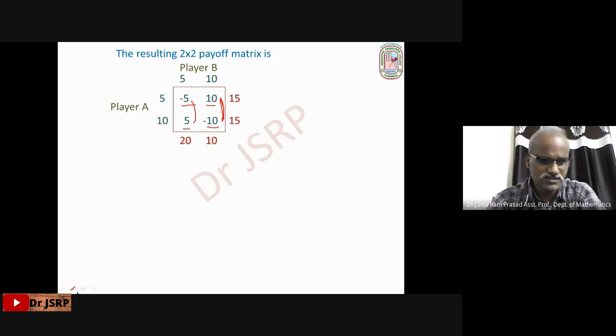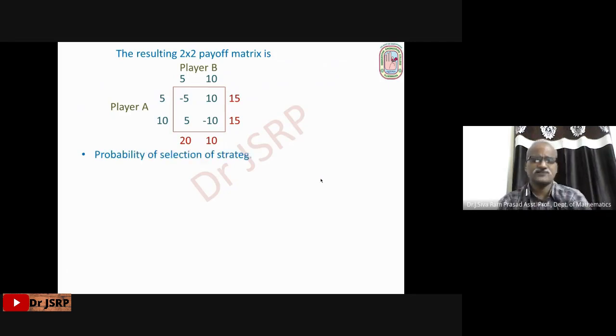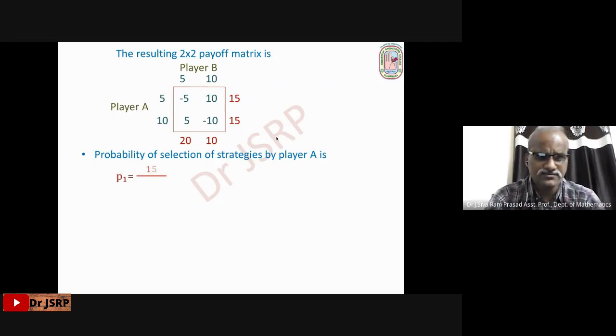After writing these differences, write probabilities. First, the probability of selection of strategies by player A is P1. 5 is the first strategy. So P1 equals the opposite value 15 by the sum of these two values, 15 by 15 plus 15, that is 1 by 2.